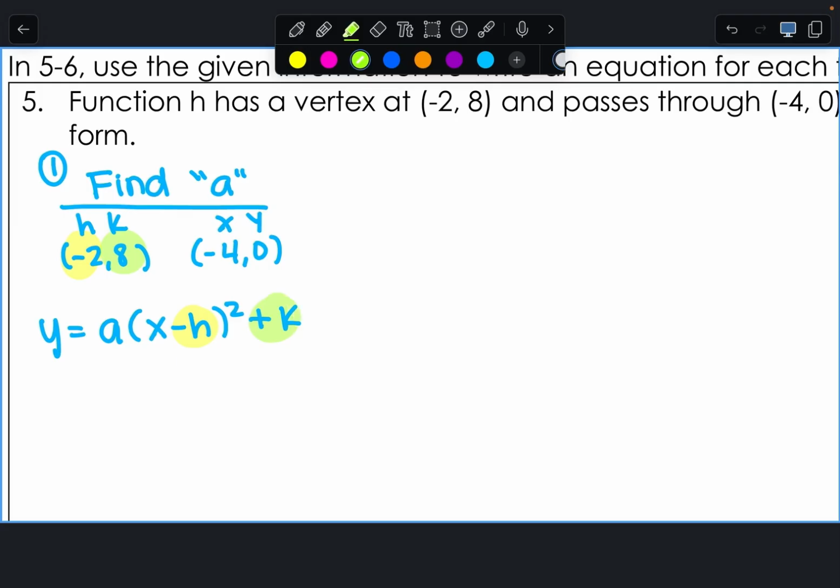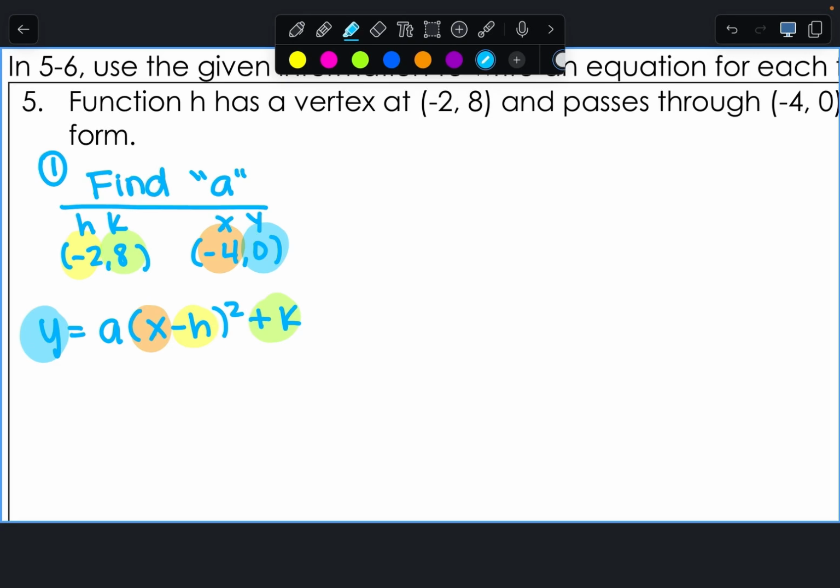K right here on the outside. We don't normally substitute an X value into a formula, but in this case, to find the A, we will. So X is going to go here inside with the H, and then your Y value is going to go here on the other side of the equation. So notice, I'm going to have a number plugged in for every single variable except for which one? And that's how we end up solving for A.